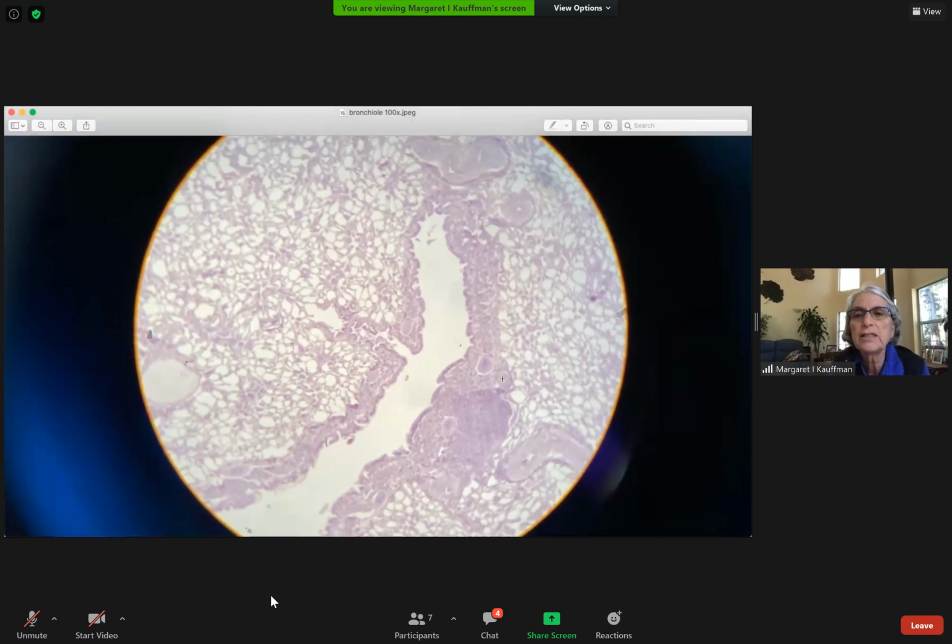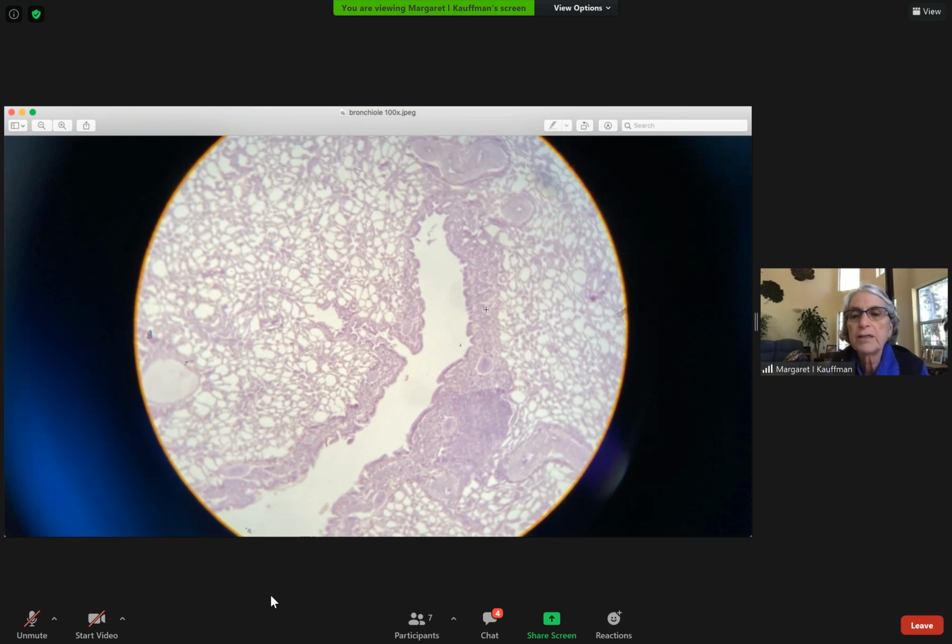I kind of liked it because there are some big blood vessels here, another big blood vessel here. See how they're filled with stuff in there? These are probably some smaller blood vessels, but it's not clear. But this shows pseudostratified coming down with little islands of cartilage on each side of it every now and then. It's probably a terminal bronchiole.